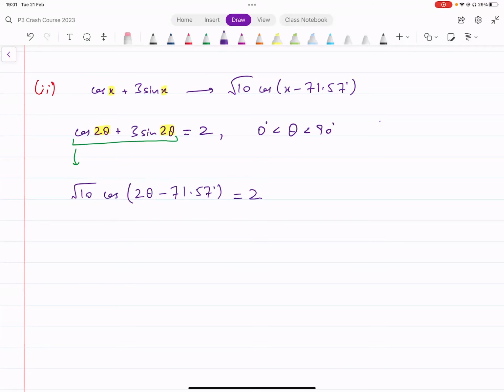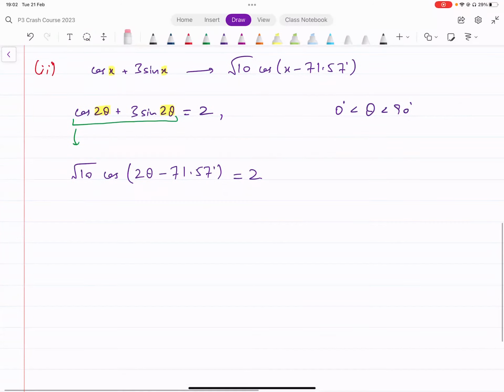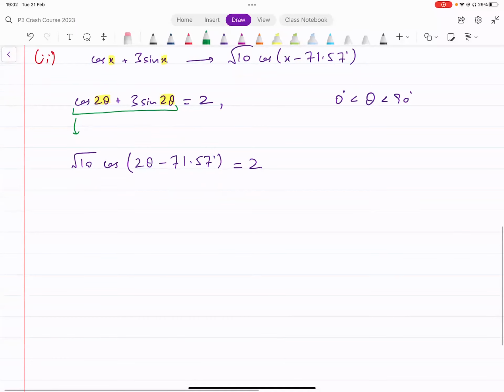Now, how do we solve such equations? We've done this in paper 1. Let's quickly review that method. This is the interval that we're given, from 0 to 90 degrees. There are multiple ways of thinking about this. You see the angle is not theta here, the angle is this whole thing.